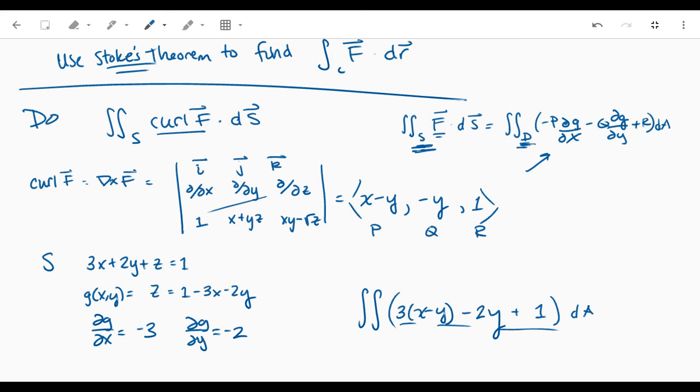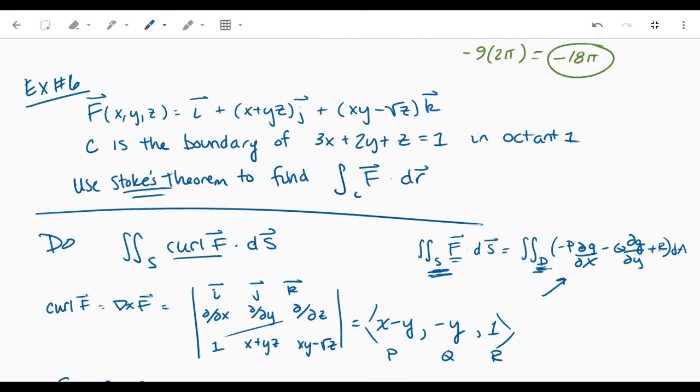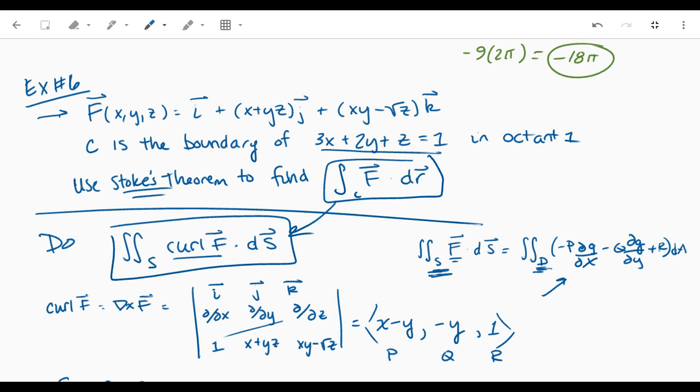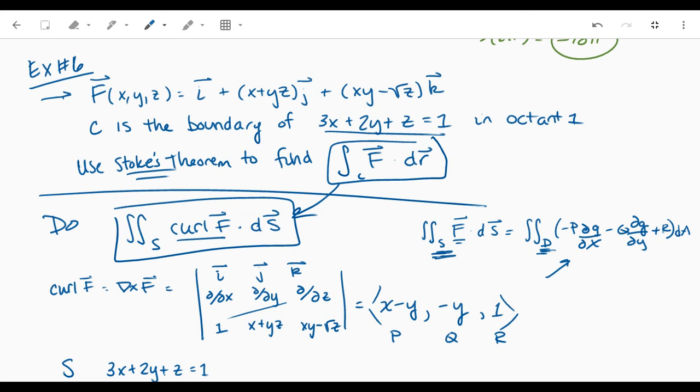Again, I kind of want to go back and just summarize. So we had our vector field, and then we have our surface. If we want to find this line integral, it's the same as doing this surface integral. If we're going to do the dot product of a vector field and a surface vector like that, we can use this equation here, where P, Q, and R technically is the curl of F. They're both vectors.